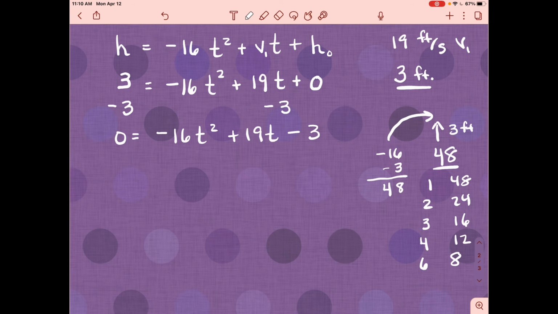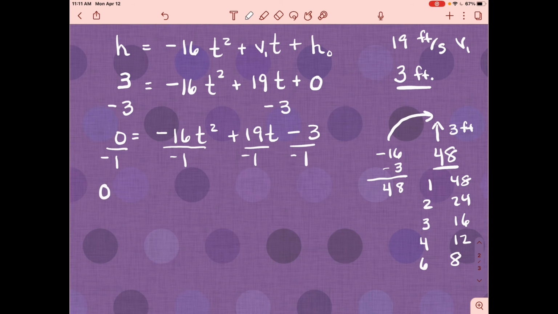And what we want to do is actually get rid of the -1. Let's just divide everything by -1. That actually doesn't change anything here.